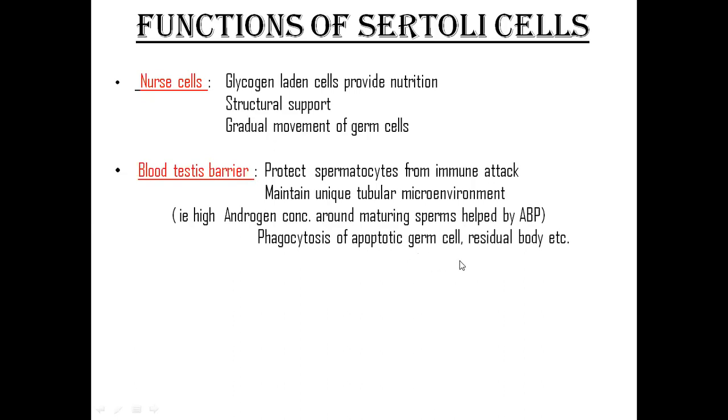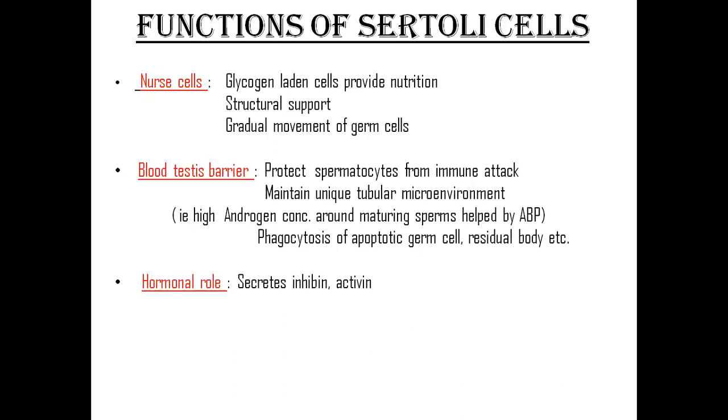The apoptotic germ cells, which have undergone programmed cell death, or the residual body, that when the sperm is maturing, the excess cytoplasm remains as residual body, which is being phagocytosed by the Sertoli cells. And in this way, Sertoli cell acts as a scavenger maintaining the sterile microenvironment within the tubule.